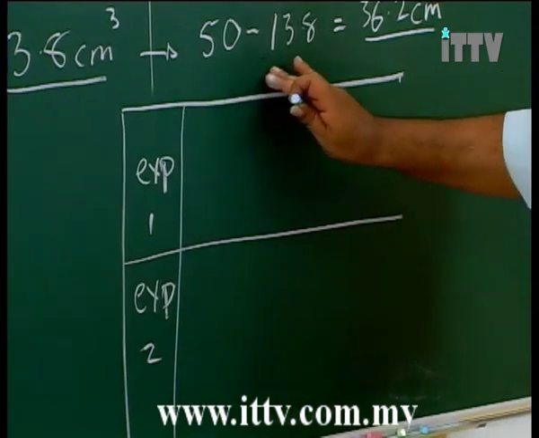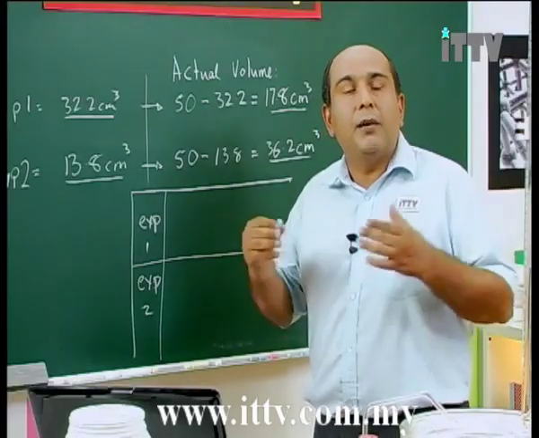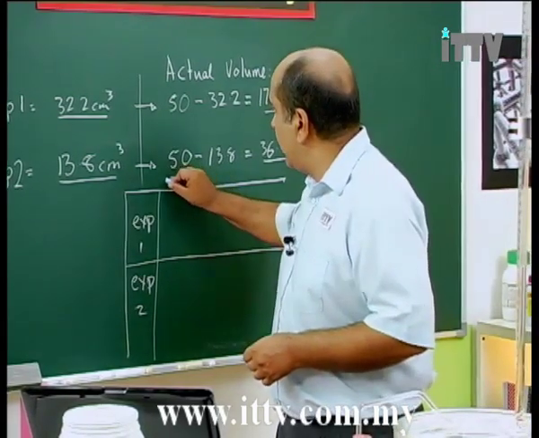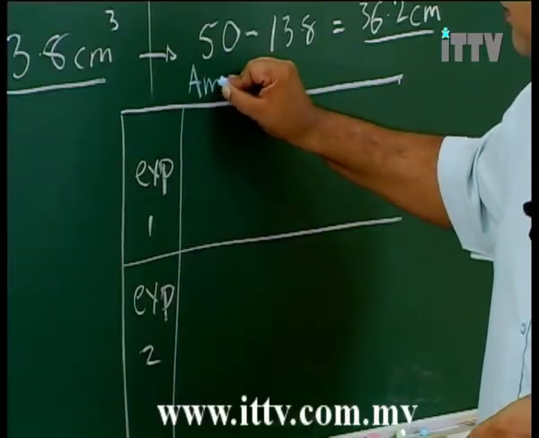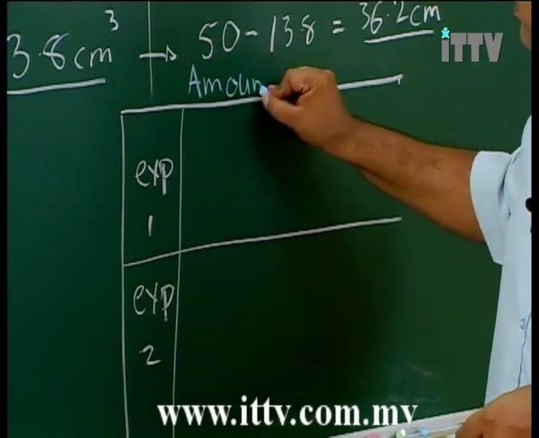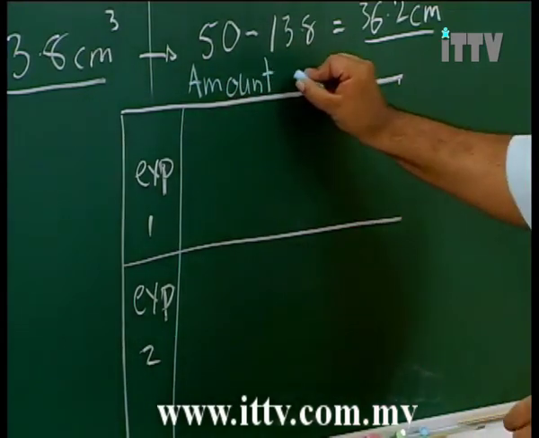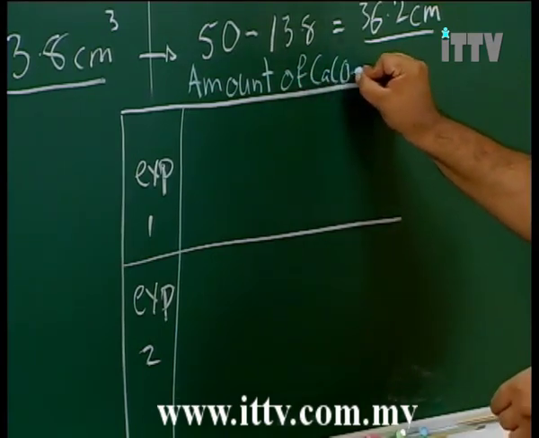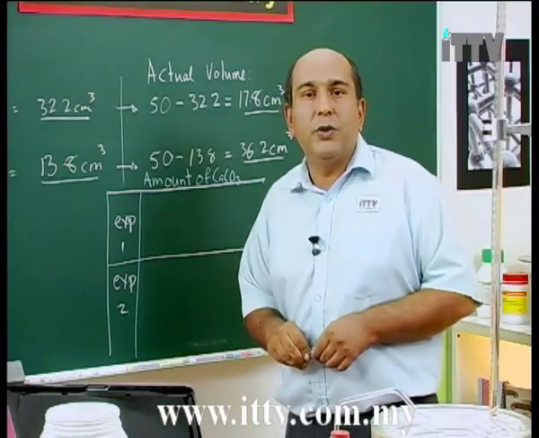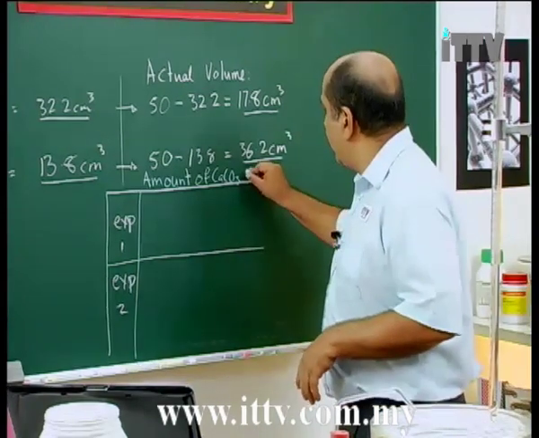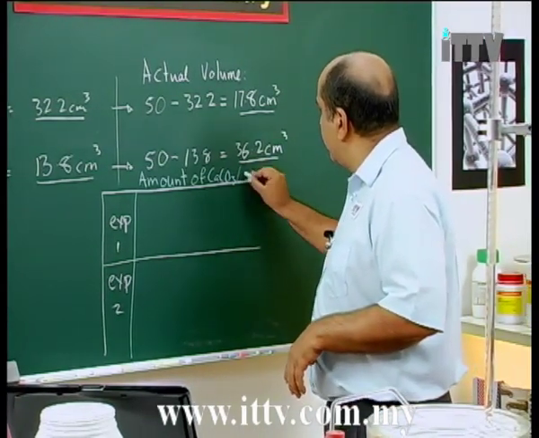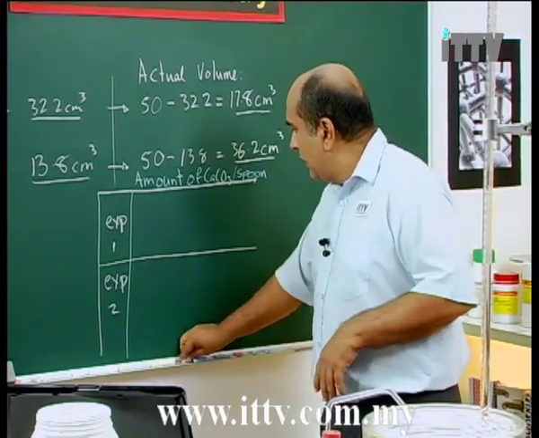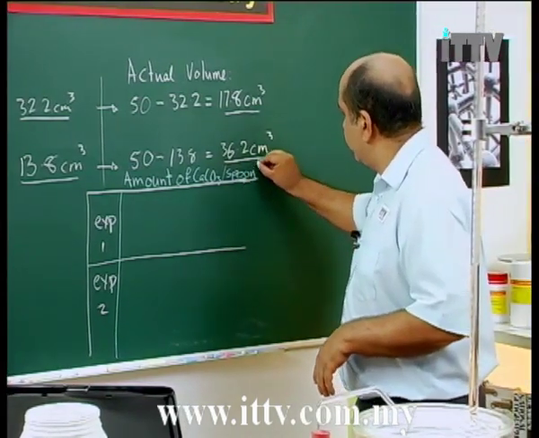The first part up here, what we want to put in is the amount of calcium carbonate that we used. So let's write that in here. Amount of CaCO3. And what we used was a spoon. So let's put that in there, spoon. So this is the first column.